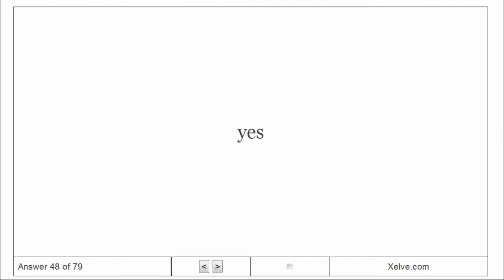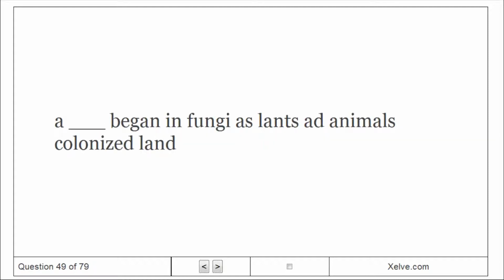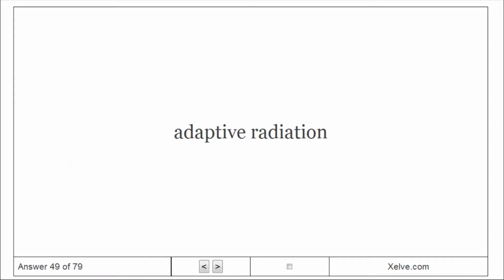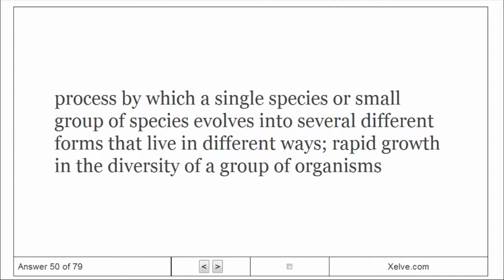Yes. An adaptive radiation began in fungi as plants and animals colonized land. Adaptive radiation: process by which a single species or small group of species evolves into several different forms that live in different ways, rapid growth in the diversity of a group of organisms.